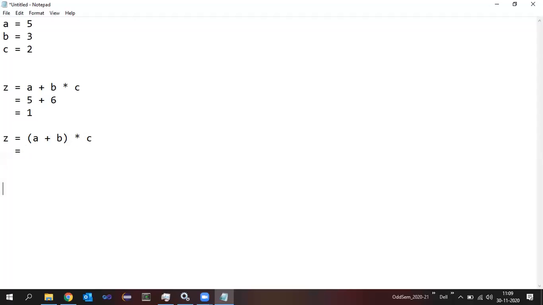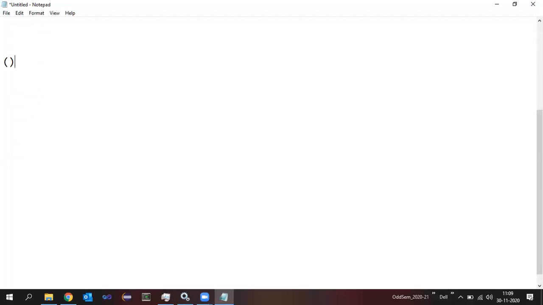Okay. Now, this is the list of the operators and their priorities. Observe carefully and understand this. Let me write it here: operator, then priority, and then associativity.